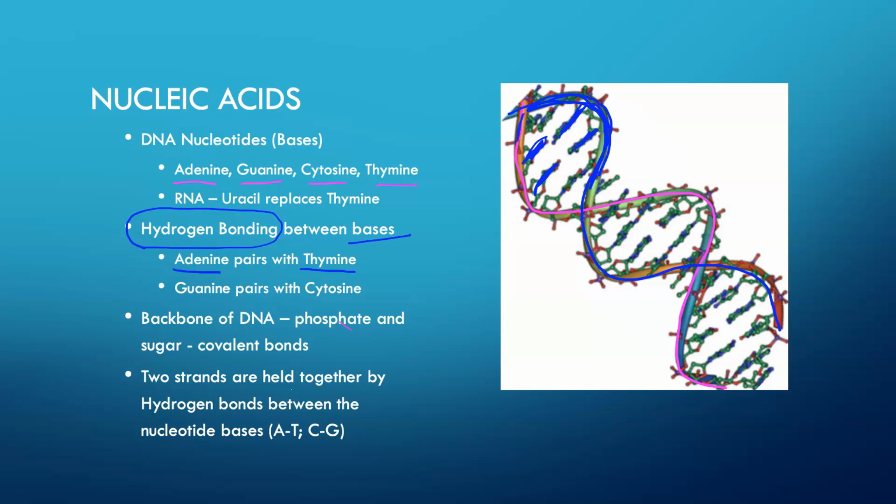So this ribbon that we see is actually chemically made up of the phosphate part of the monomer and the sugar part of the monomer. Now, all of those bonds that are occurring are covalent bonds. Those are very strong chemical bonds. So the individual strands then are just held together by these nucleotide hydrogen bond bases that we mentioned.